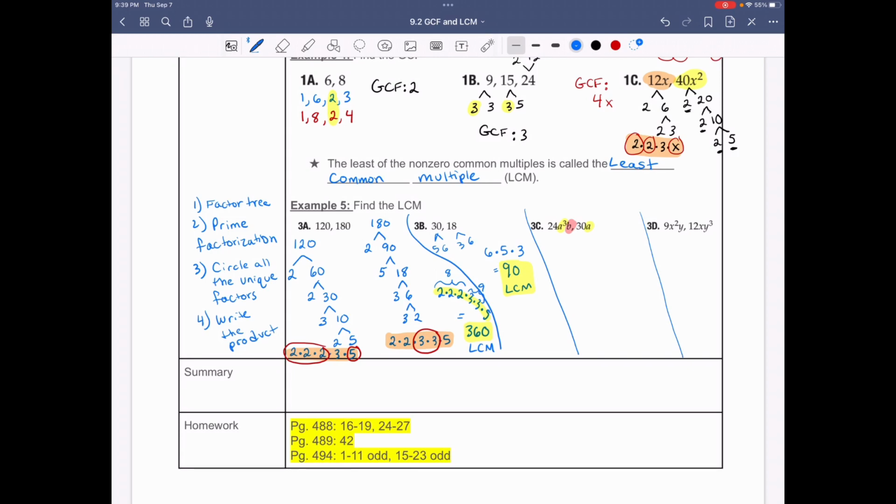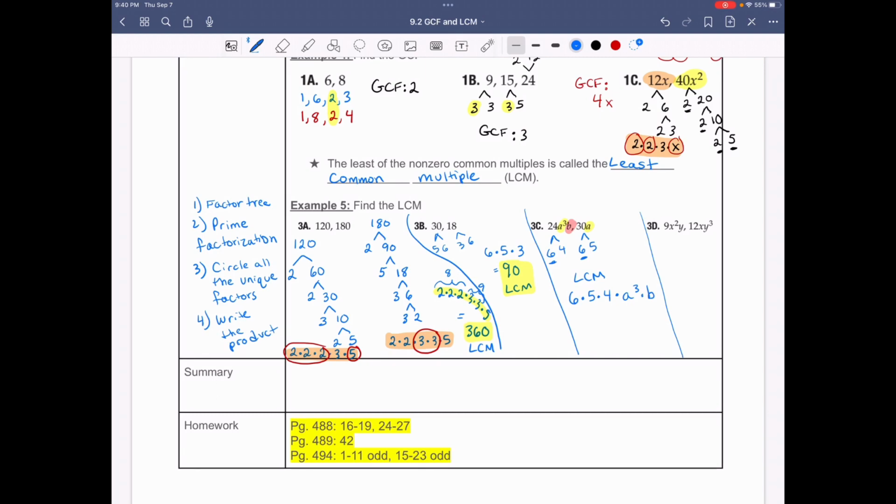And then for 24 and 30, that's going to be 6 and 4, and 30 is going to be 6 and 5. We could keep going, but since I see that the 6's are in common, I can just use those as part of my least common multiple because I know that we have to have a 6. So my least common multiple is going to have a 6, a 5, a 4, and then we're going to use the highest exponent, a to the third and b.